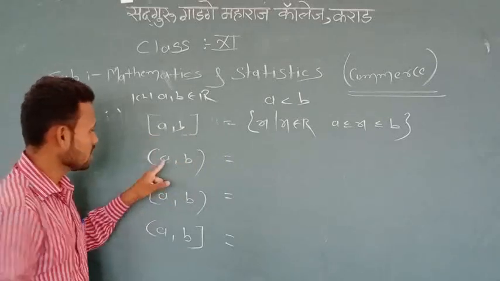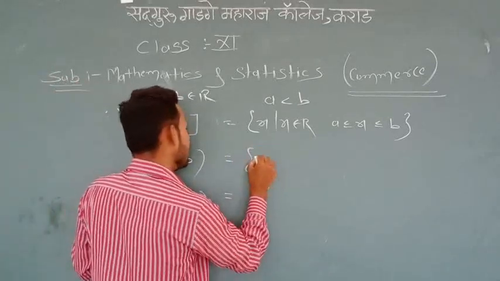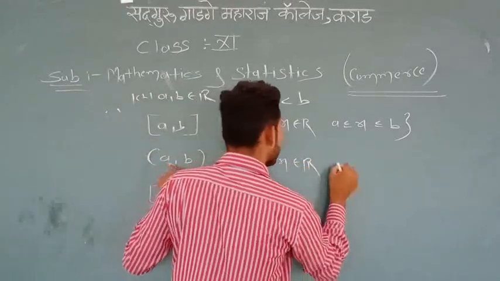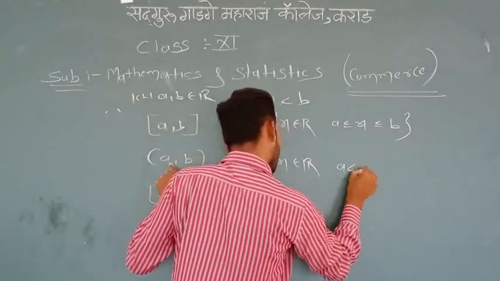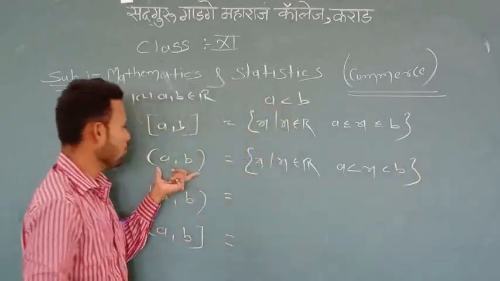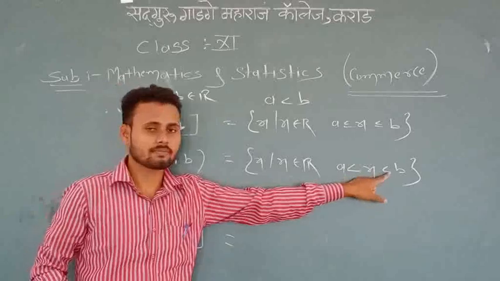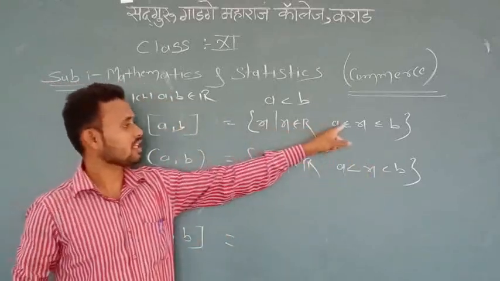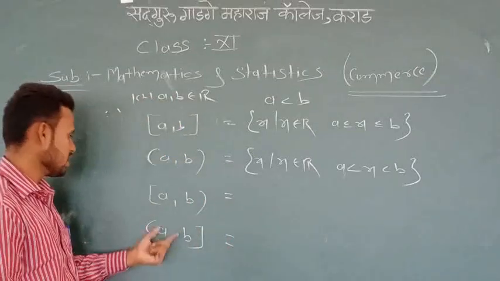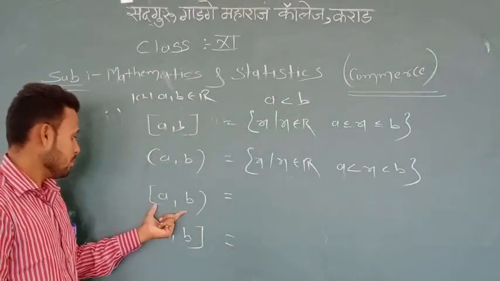Now next, the open interval ab is the set containing all those real numbers such that a is less than x less than b. Here it is an open interval, that's why there is the strictness sign. Here it is a closed interval, that's why there is the less or equal sign, the equal sign. Here the less sign. The next, the semi-closed interval.